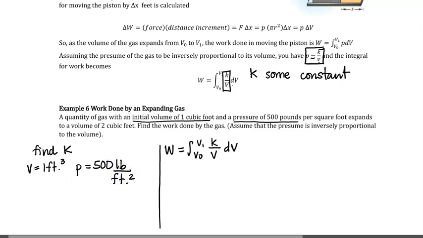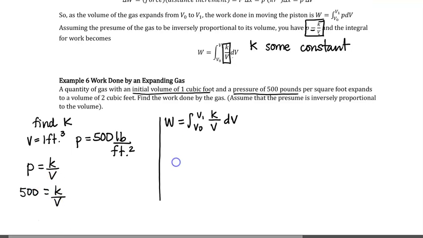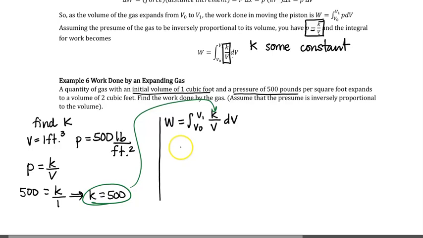That implies, using the formula P is equal to K divided by V, that 500 is equal to K over 1, which tells us that K is 500, because I plugged in 1 for the volume. So now I'm going to take this K value and we're going to put that into our work integral.